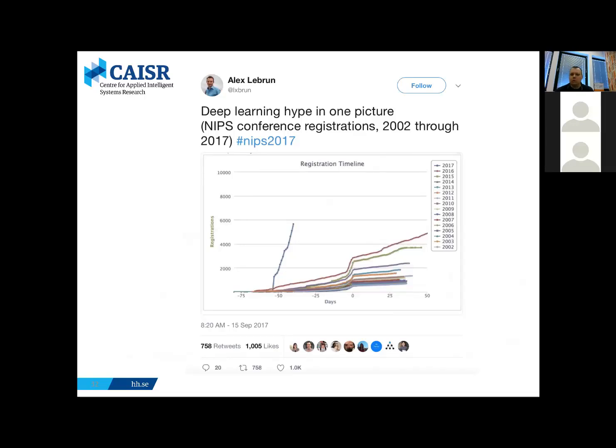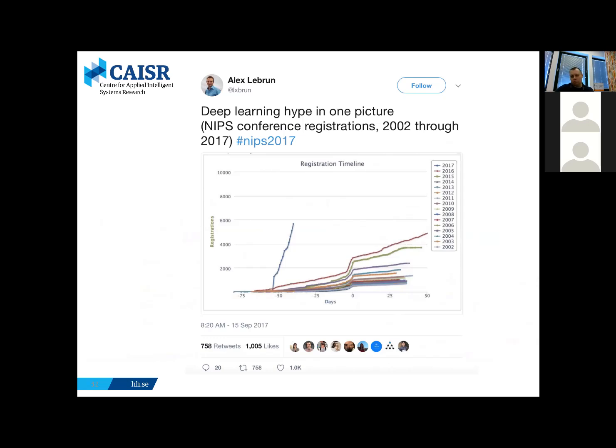And just to show you a little bit of the hype that we are having with deep learning today, this is the number of people registered for the NIPS conference. This is one of the main deep learning conferences.